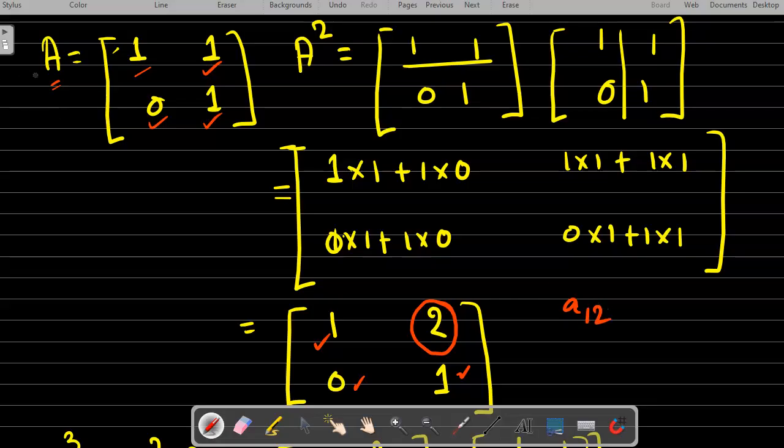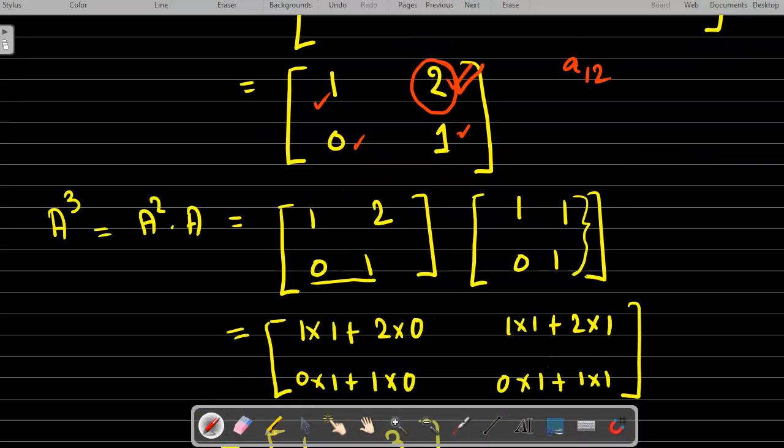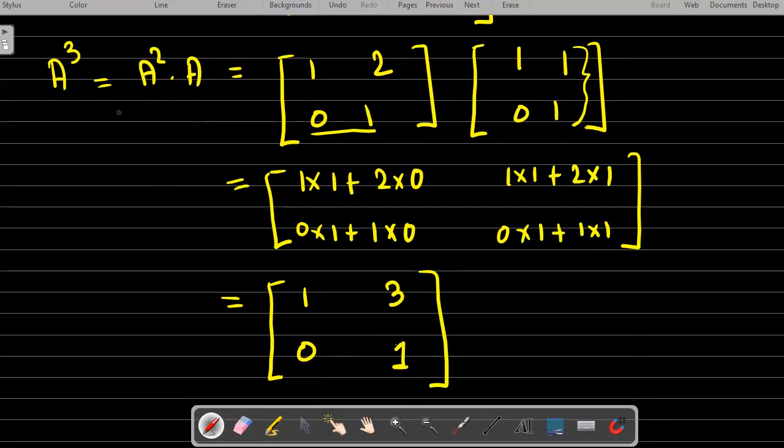So in matrix A, that is A to the power 1, this is 1 multiplied by 1. In matrix A square, what is the power in this place? This is the power of this matrix. Here is A square, here you get the power, that is 2. In matrix A cube, the power is 3, and in the A12 position you get 3, that is the power.